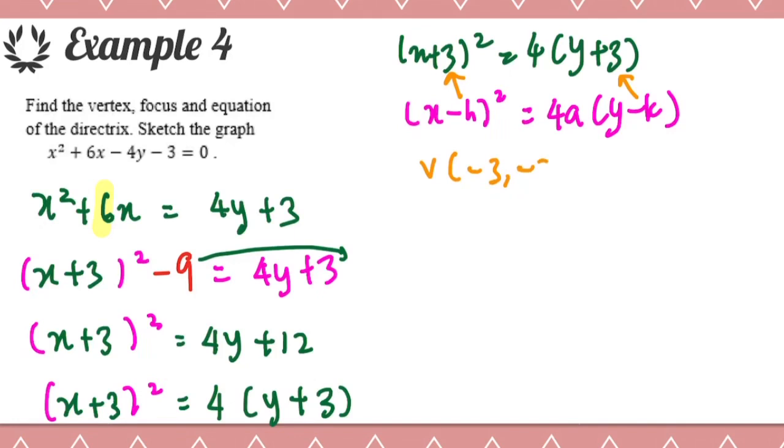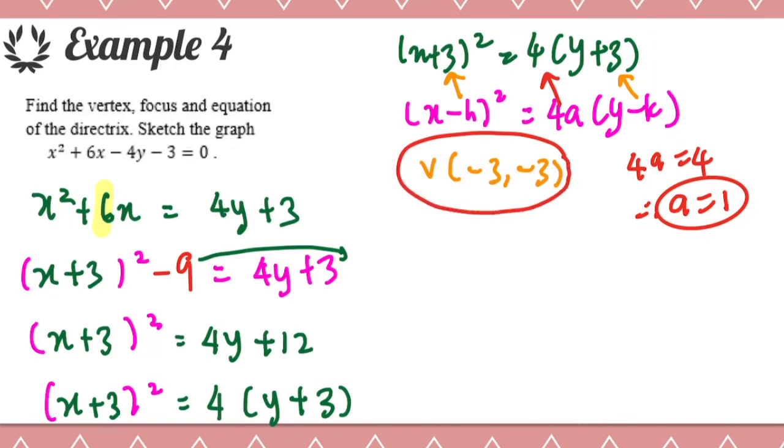Therefore, your vertex should be equal to -3, -3, while you can find our a right here by comparing. 4a is equal to 4, therefore your a is equal to 1. So by all of this information, we have already found our vertex and also our value of a.